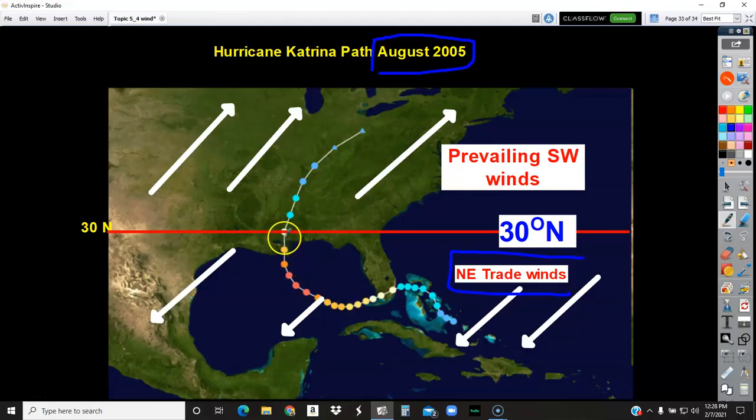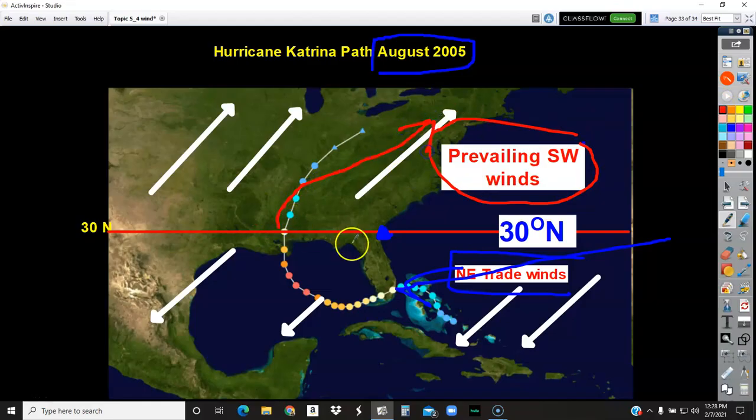And then this is very typical. Once a hurricane gets to 30 north latitude, it could be here, it could be off the coast of Florida, like Jacksonville's right about here, it all of a sudden switches wind belts. It goes from these northeast trades that were pushing it toward the west and now gets caught in the southwest wind belt, the prevailing southwesterlies, that turn it and go the other way.